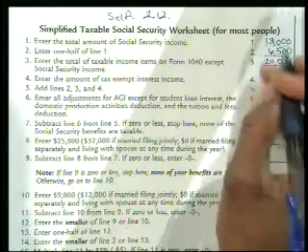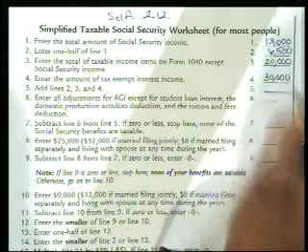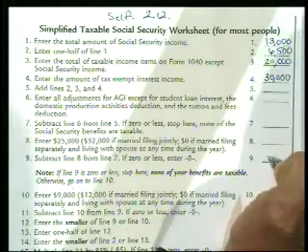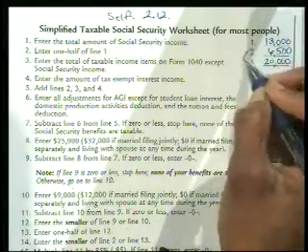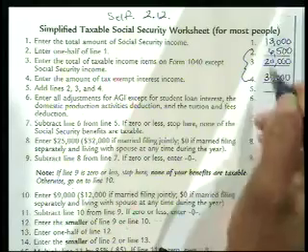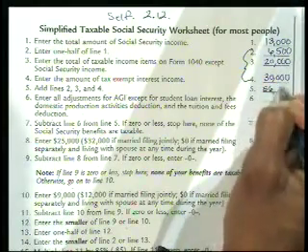For line 4, enter the amount of tax-exempt interest, and that was $30,000. And number 5, they want us to add lines 2, 3, and 4. So we add those up, and we get $56,500.